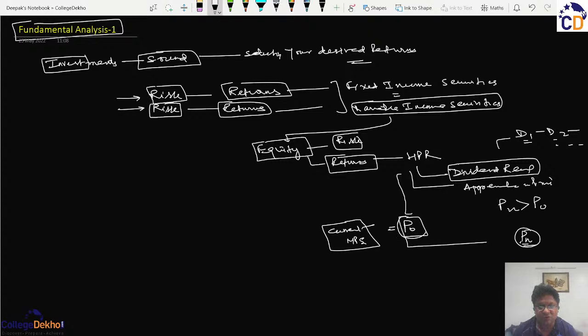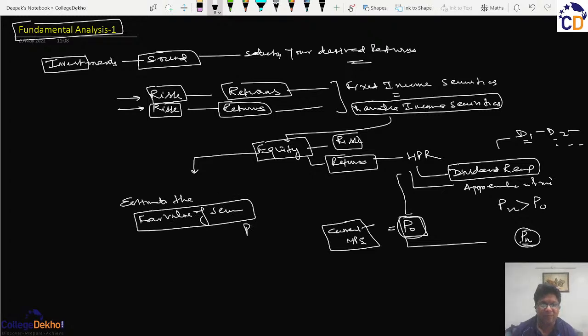So every person who is trying to enter into any security, any equity option, is basically looking to estimate the fair value of such security. That is the appropriate current market price, which will satisfy your capital gains needs through the increase in the market price and also the dividend yields.